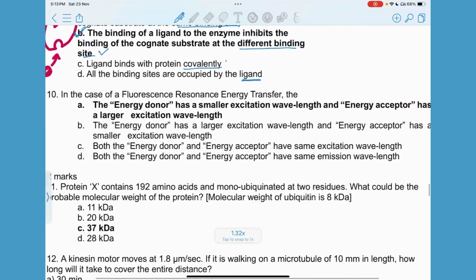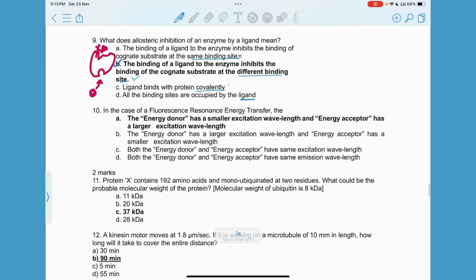Question number 10. In the case of fluorescence resonance energy transfer, which of the options is correct? So in fluorescence resonance energy transfer, which we call FRET, the energy donor is a fluorophore that, when excited by light at a specific wavelength, transfers its energy to an acceptor fluorophore.